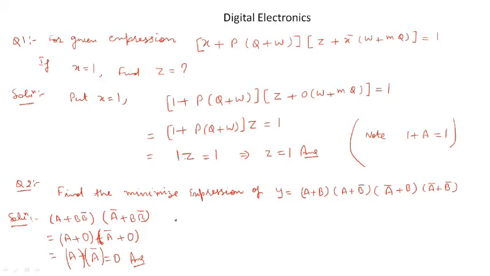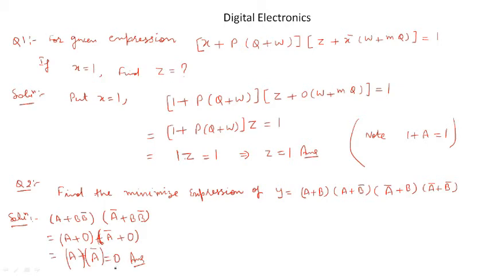So we can use the distributive law here for the first two brackets and then for the last two brackets. So when we use the distributive law for the first two brackets, it will be written as a plus bb bar, dot, and for the last two brackets we can write a bar plus bb bar. You know that bb bar is equal to 0, so a plus 0 dot a bar plus 0, and a plus 0 is equal to a, dot a bar, so it will give you 0.